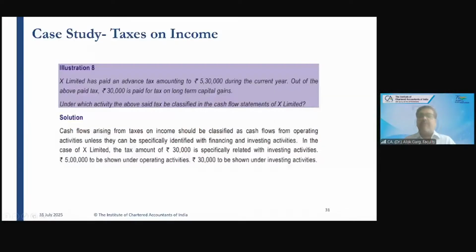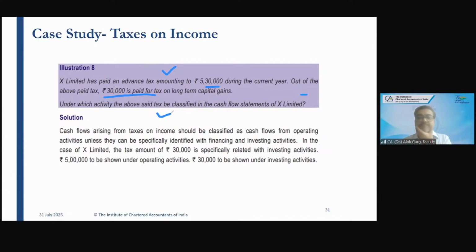One of the illustrations from ICAI study material: X Limited has paid an advance tax amounting to rupees 5,30,000 during the current year. Out of the above tax, 30,000 is paid for tax on long-term capital gains. Under which activity should the above tax be classified in the cash flow statement of X Limited?